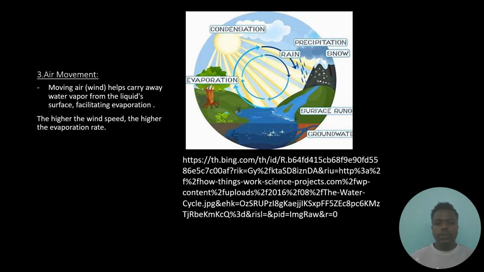It shows that when the speed of wind increases, it causes the evaporation rate to happen faster. As we see on this slide, we have a picture explaining how the air movement affects the evaporation.